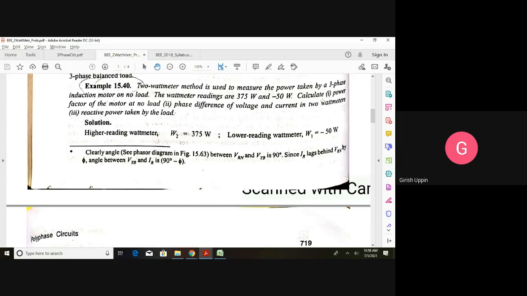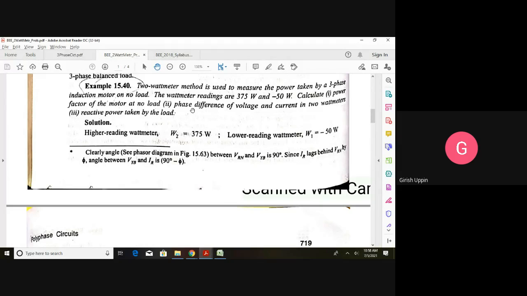Then what we have to do: calculate the power factor of the motor at no load. You don't worry about the motor at no load, just think of it as finding the power factor of the load. The load is a motor here, that is the power factor you have to find. Then the phase difference of voltage and current in the 2 wattmeters.